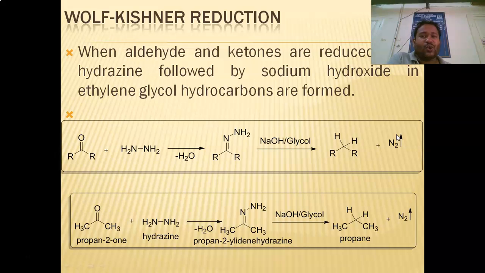This reaction is called the Wolff-Kishner reduction. In most competitive exams, you can find the Wolff-Kishner reduction is a very simple reduction from ketone or aldehyde to the corresponding alkane.